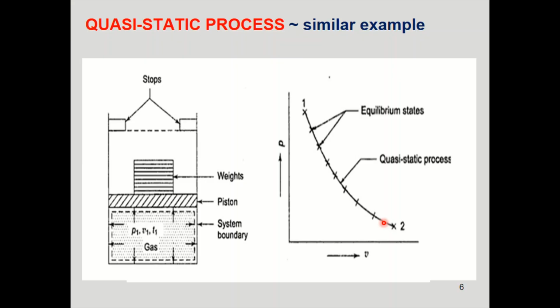That is why this thought process is required, and the actual or real process should be converted to its quasi-static process. The real first process should be substituted by its quasi-static counterpart, which is very slow.